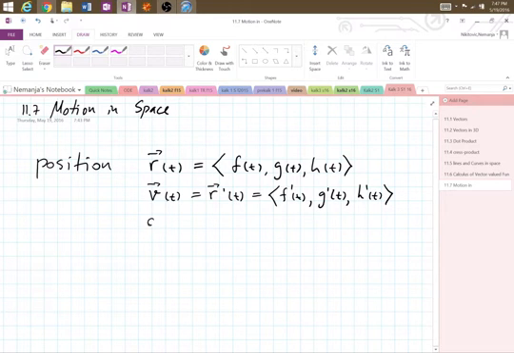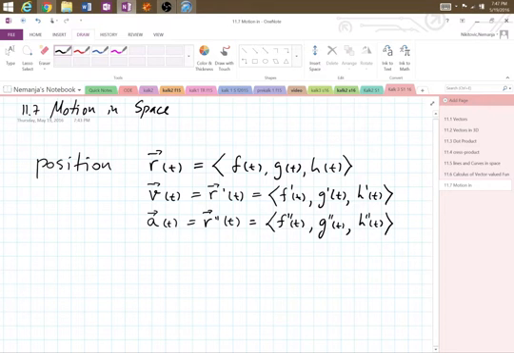Finally, we have the acceleration, which is the second derivative of the position function, meaning the second derivative of f of t, of g of t, and of h of t.